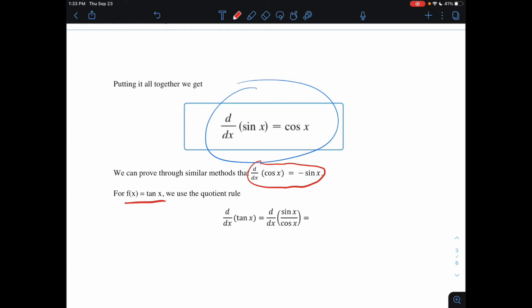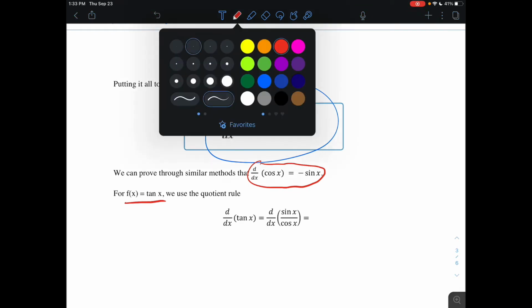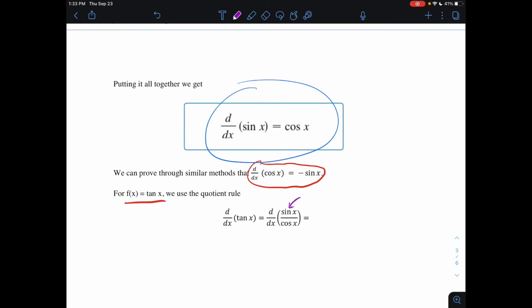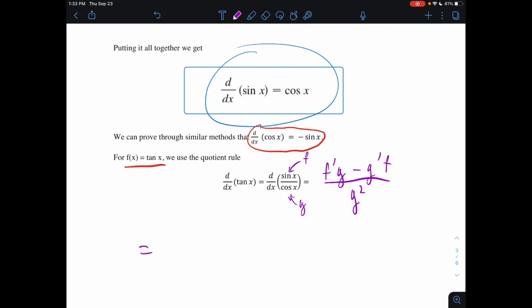The derivative with respect to x of tangent x is just the same thing as the derivative with respect to x of sine x over cosine x. Let's call sine x f and cosine x g, and we'll use the quotient rule, which is f prime g minus g prime f, all divided by g squared. And what that will give us is the derivative of sine x, which we just said is cosine x. So notice that's f prime, as in I called f sine x.